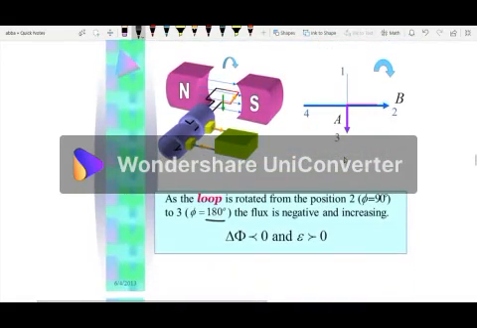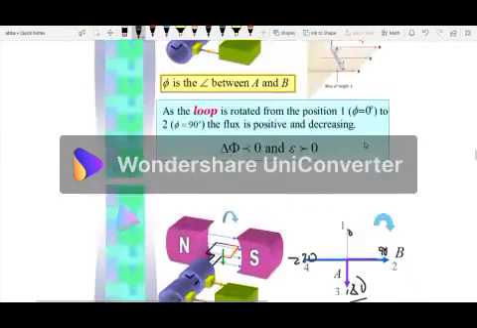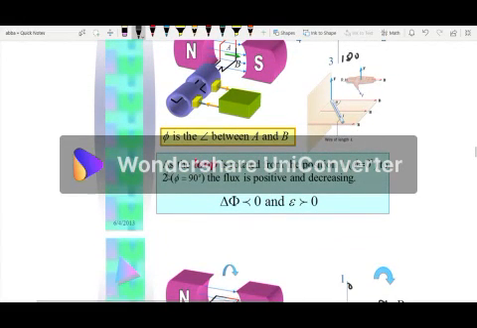So now that is how we can deal with this. This is 0, this is 90, this is 180, this is 270. Now the flux is negative. Remember that cos of 90 is going to be 0, and cos of 0, I think it's 1.